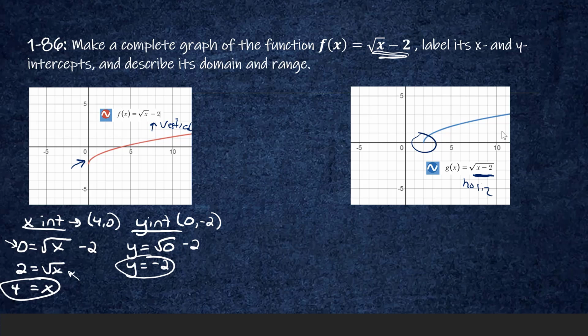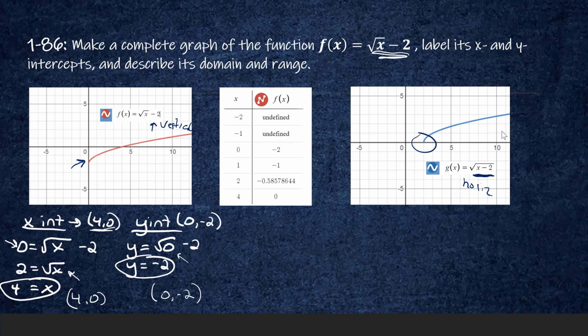So I have 4, 0 as my x-intercept, which shows up here. Then the y-intercept is different. Every time you are looking for the y-intercept, x has to be 0. So I just plug a 0 into the radical, and that gives me -2, which shows you our 0, -2. And that's the radical. Now let's take a look at the table.